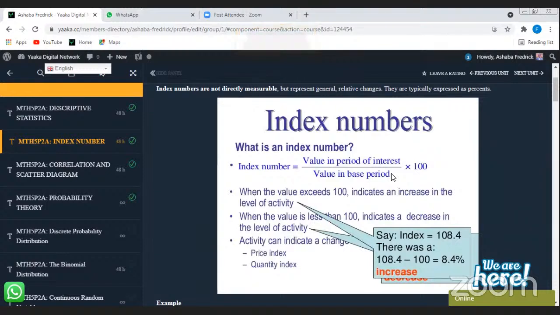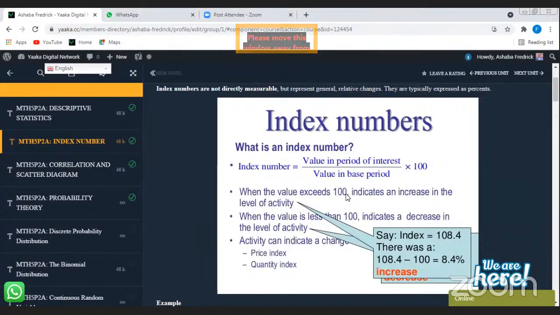So we are saying when the value exceeds 100, it indicates an increase in the level of activity. In choosing the base period, in case of prices, we choose a period when prices are relatively stable, or when other economic variables are relatively stable.